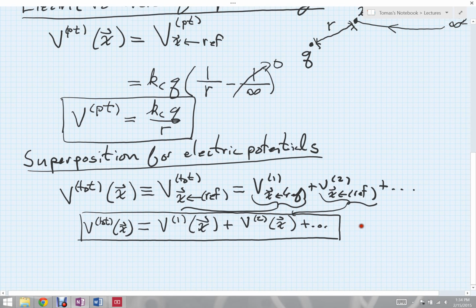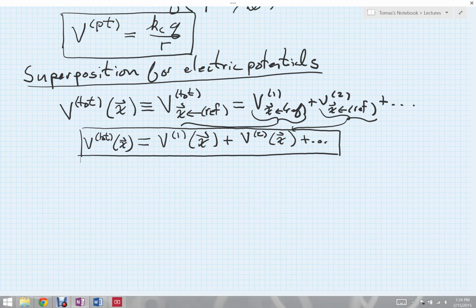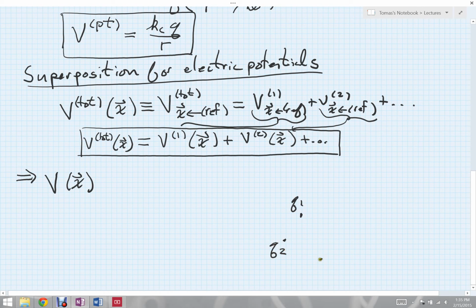So let me give then a final formula for that. If we want to calculate the total potential at any location x, we imagine a situation where I've got a charge Q1, a charge Q2, a charge Q3, and maybe there's some location x out here where I want the total potential.